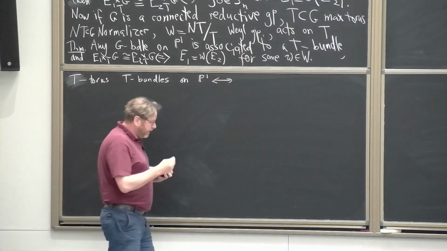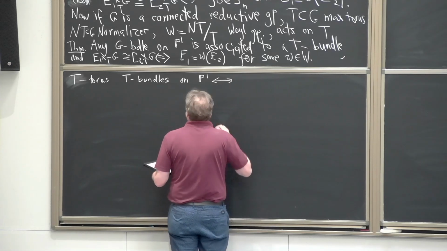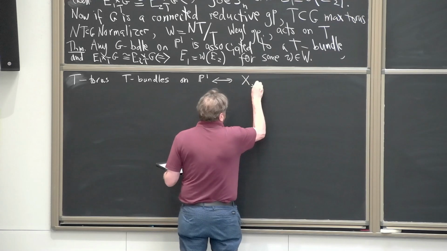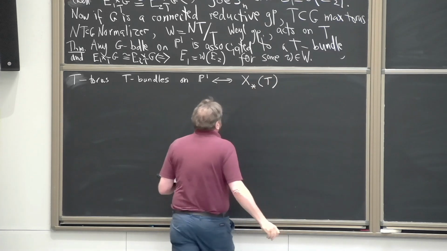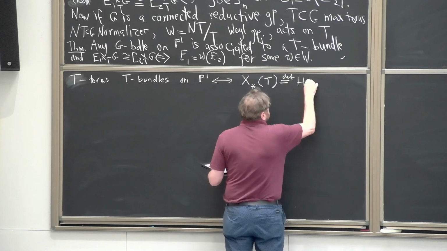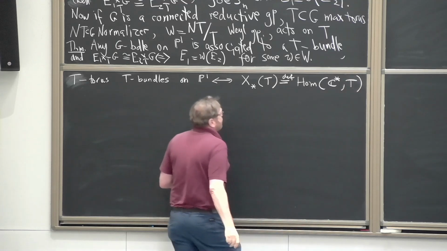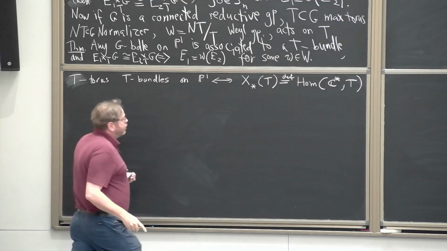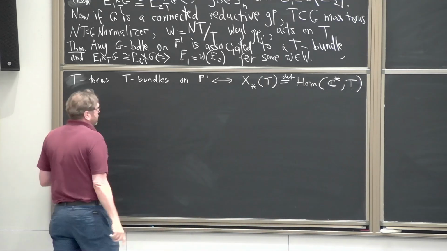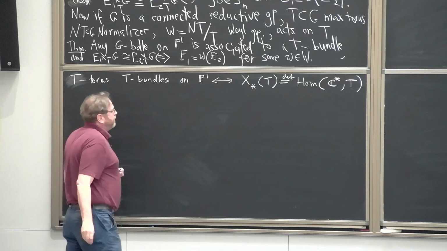What is it canonically? Well, I claim canonically it is something that is called the cocharacter lattice, X lower star of T, which is by definition Hom from C star to T. So it's group homomorphisms. Of course, T is C star to the n, and so this is just Z to the n, but canonically it is this. And it's quite clear why, just by our definition.